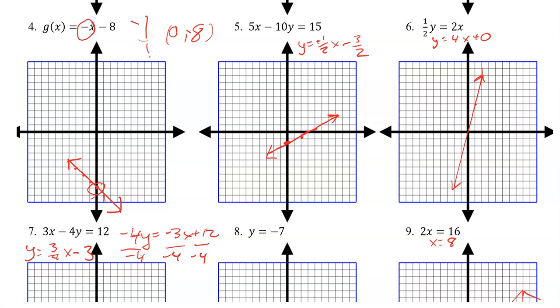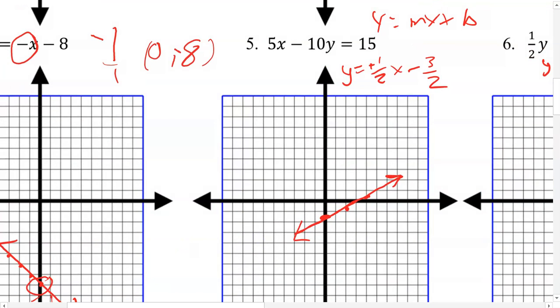To get it into slope-intercept form, we have to isolate y on the left side of the equation and get it in the form y equals mx plus b. So, we subtract 5x from each side. So negative 10y equals negative 5x plus 15.